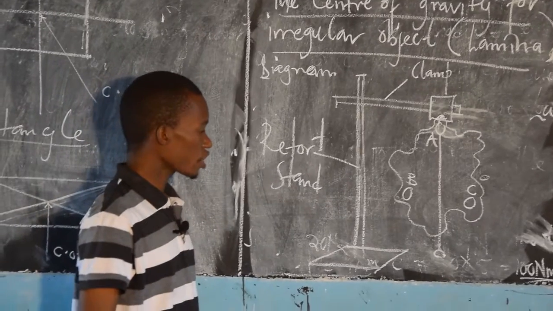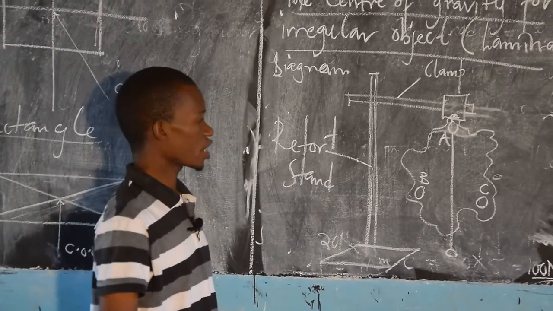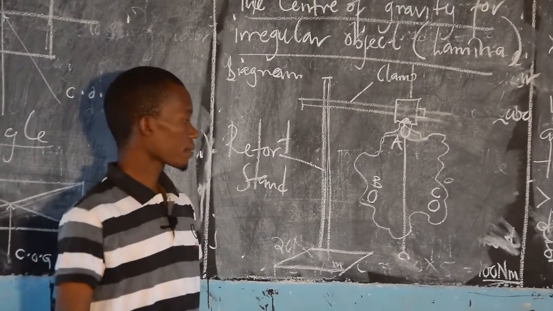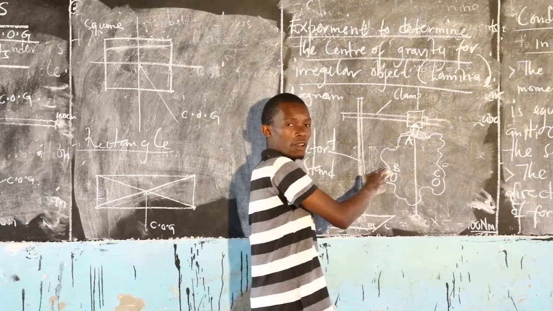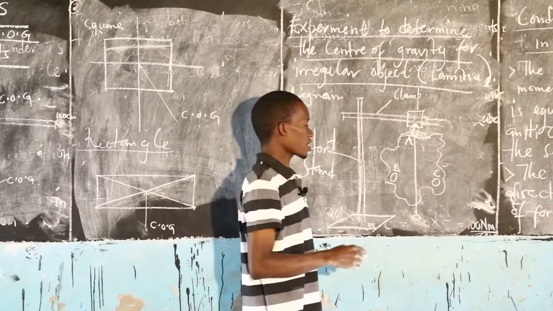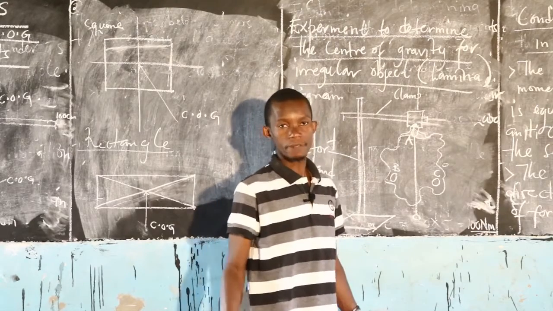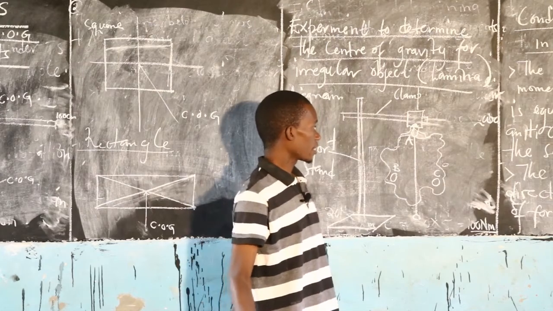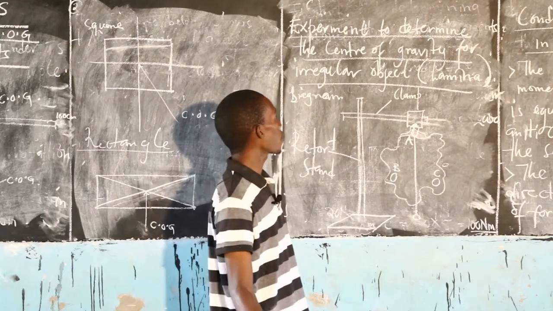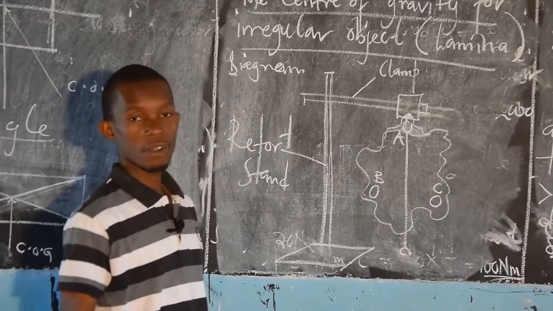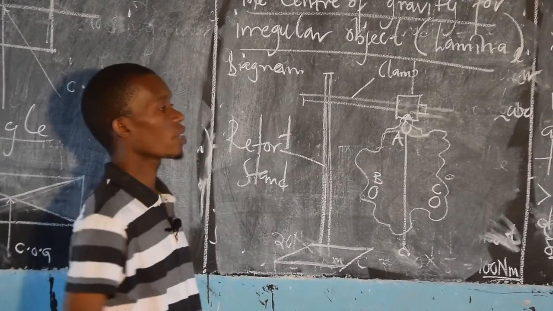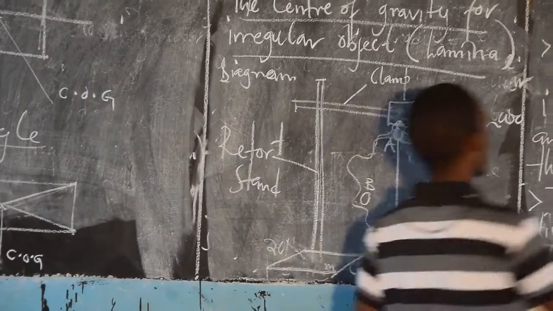The experiment is repeated for holes B and C. Where the lines meet is the center of gravity. That is the way we determine the center of gravity for irregular objects like that. Because this is irregular, we don't use the other scenario.